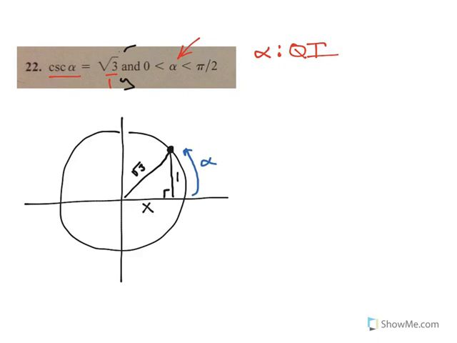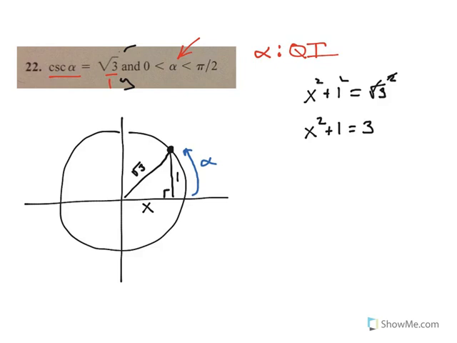So again, we need to go solve for the missing side. So x squared plus 1 squared should get you radical 3 squared. So x squared, 1 squared is just going to be 1. Radical 3 squared, the square is going to undo the square root, so we're left with 3.